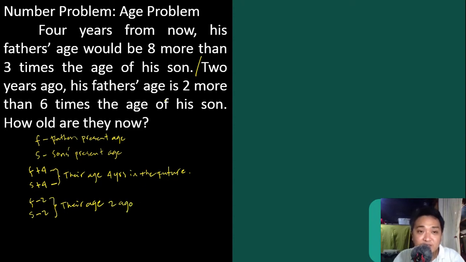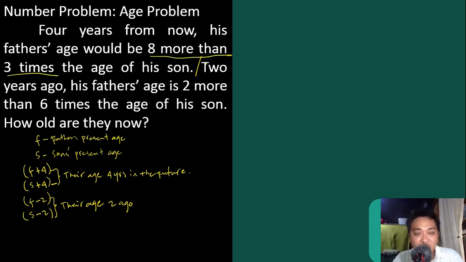May mga iba pang information that relates to their age. At yun yung kukunin natin, but using these expressions. Those information about their age 4 years in the future and 2 years ago. So now we are ready to construct our linear equations pertaining to this problem using the information that we have in the problem. Like the one here, we have, it will be 8 more than 3 times the age of his son.